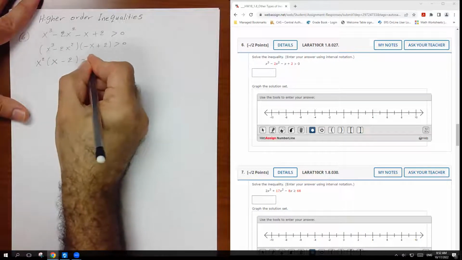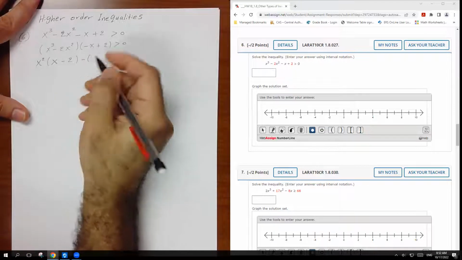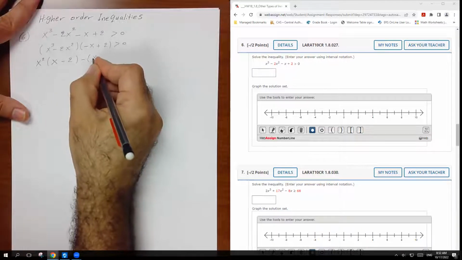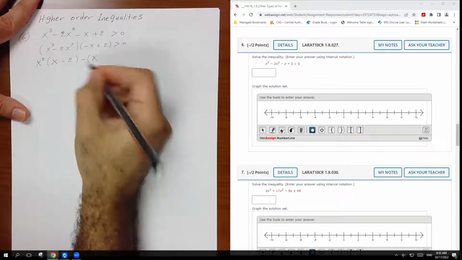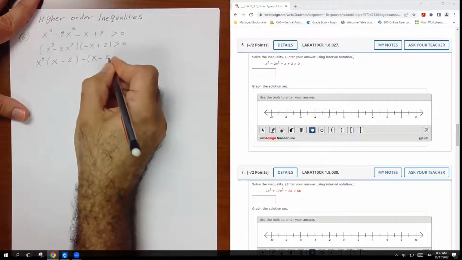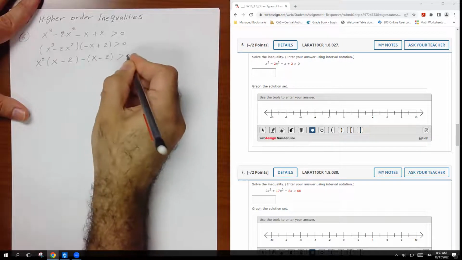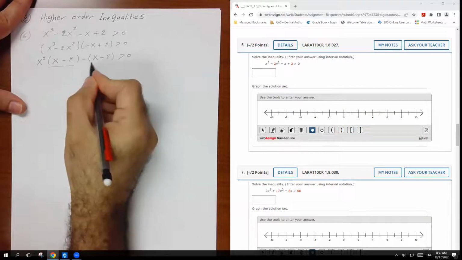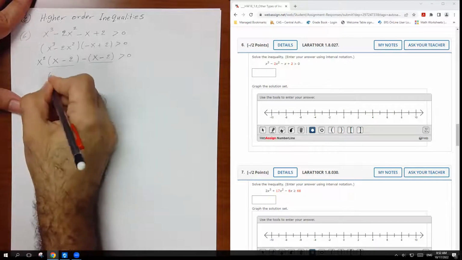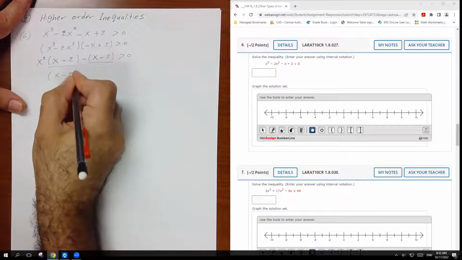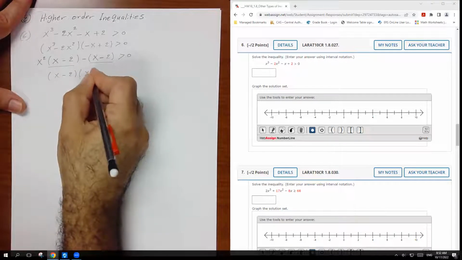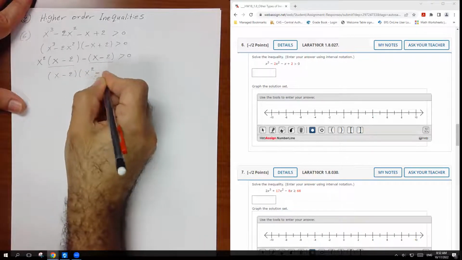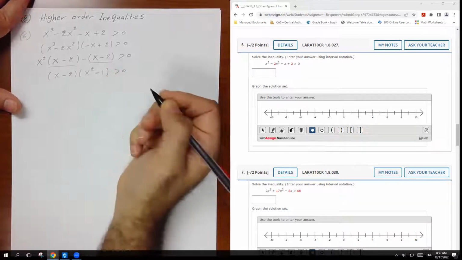So here's the negative sign. Now, negative 1 divided by negative is going to be 1. That means just x. And 2 divided is going to be minus 2. That means this one is similar to this one. So it's going to be x minus 2. And here is x squared minus 1 greater than 0.